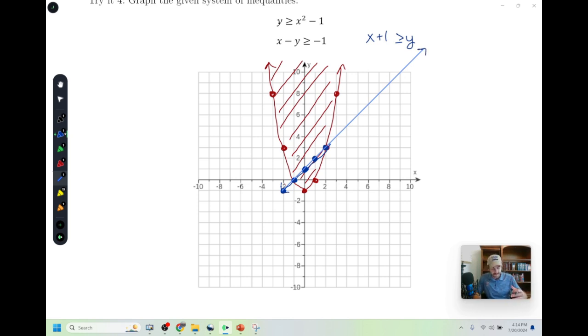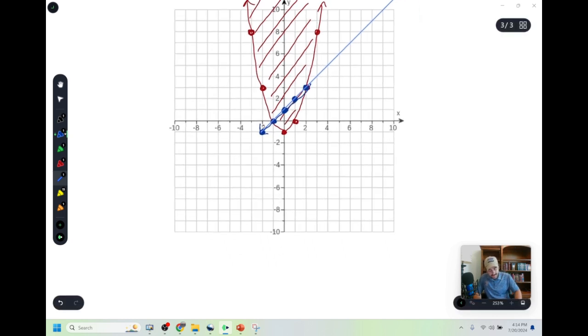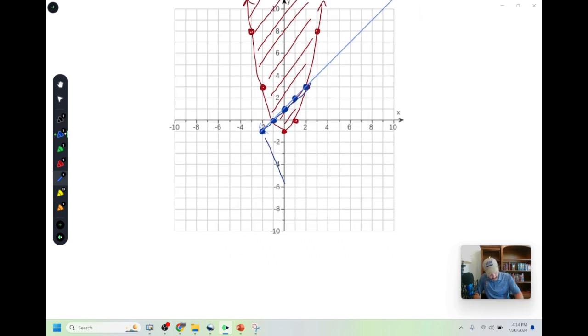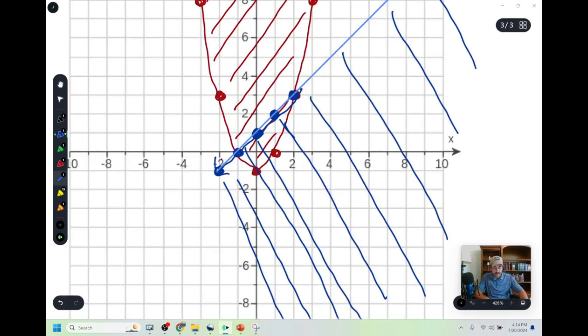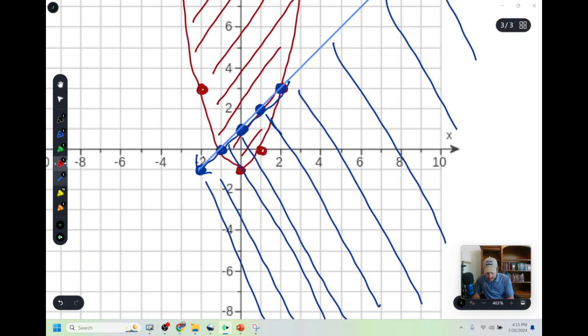Okay, so the point of this is y is less than that line, which means it's going to be everything below that. So every blue thing below that line we're going to shade. And you'll notice in the middle there, there's a little section where both of the sections are shaded, where we've got red and blue shading. And that right there is going to be our area of interest. That is the area of solutions.